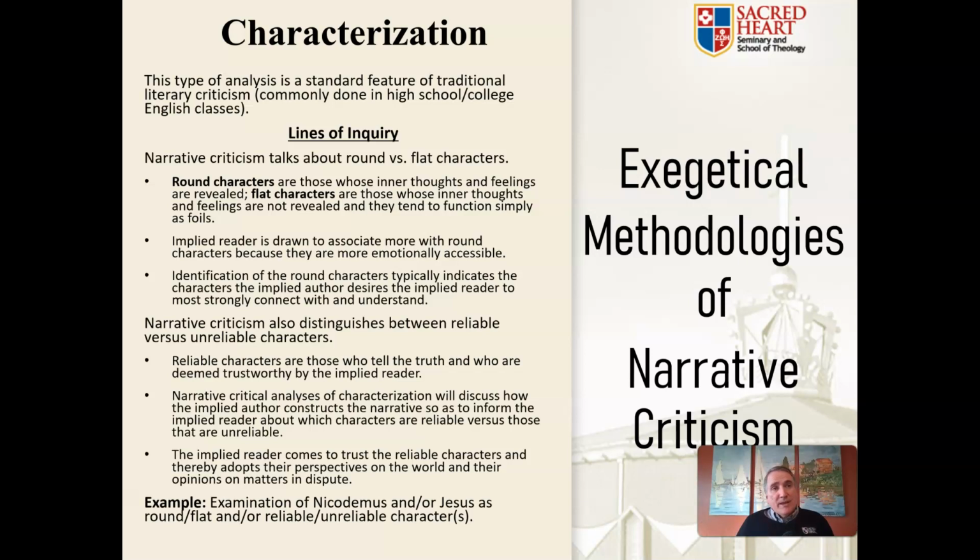If you want to argue that, you'd have to use the data from the text and say it's only when Nicodemus shows up to bury Jesus that the implied reader would come to see Nicodemus as reliable, maybe. Something like that. So you see how you can do narrative criticism using these categories of round, flat, reliable, unreliable.